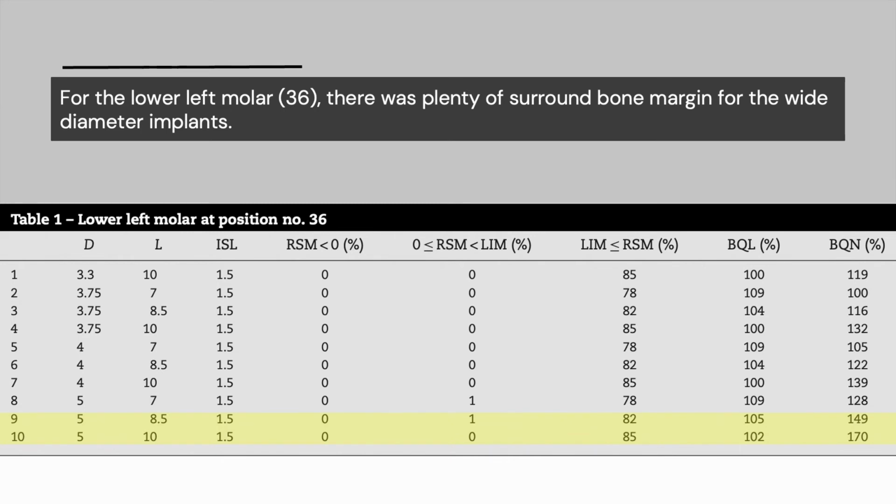For the lower left molar, 36, there was plenty of surrounding bone margin for the wide diameter implants. The implants with diameter 5 and length 10 or 8.5 presented the 2 highest bone quantity indexes and the highest improvement of bone quality among the candidates of the same length.